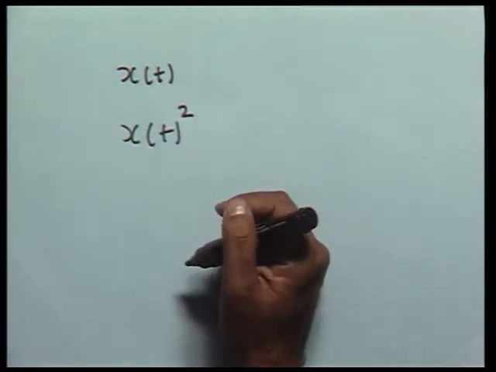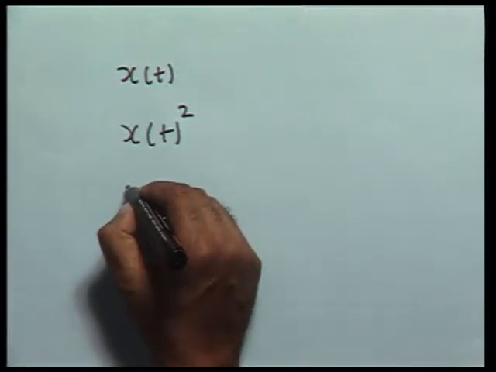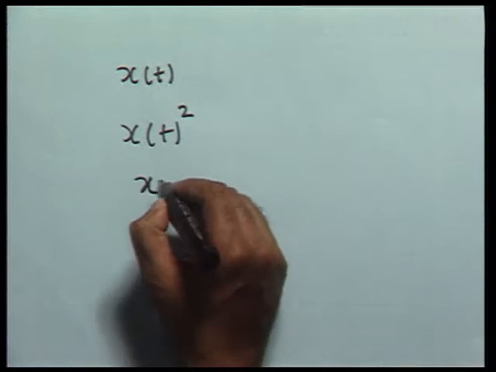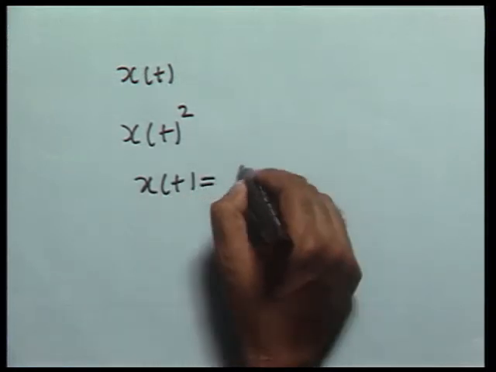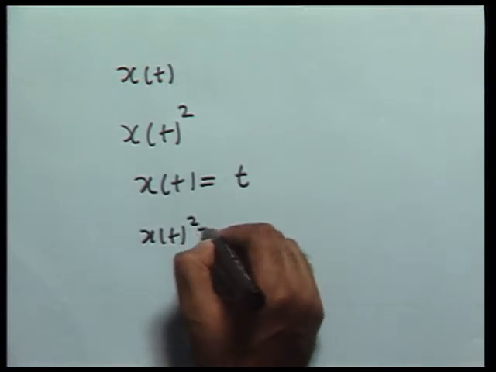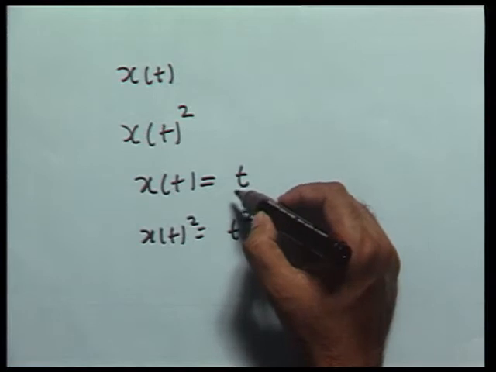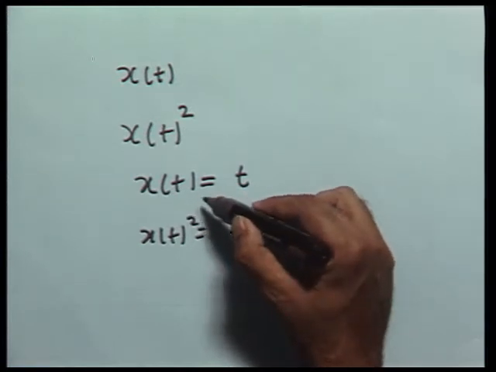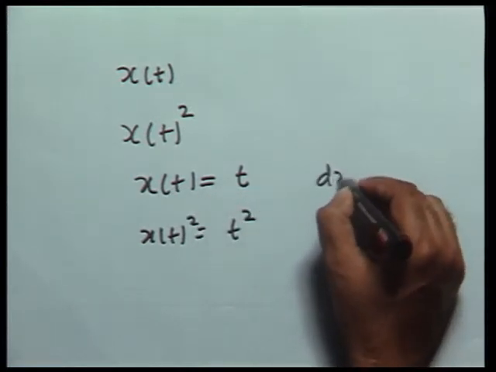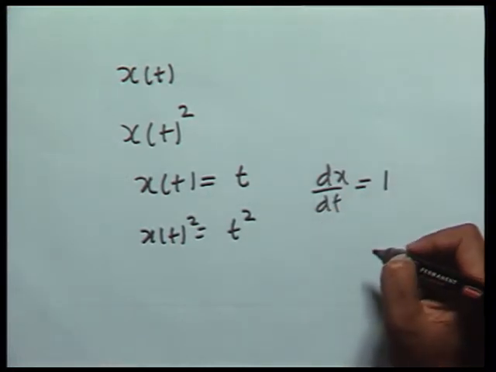You have already seen such instances earlier. The simplest situation would be when your function x(t) is equal to, say, t. Then x(t) squared would be equal to t squared. The rate of change of this with respect to time would be 1. dx by dt would be equal to 1, no matter what time you took.